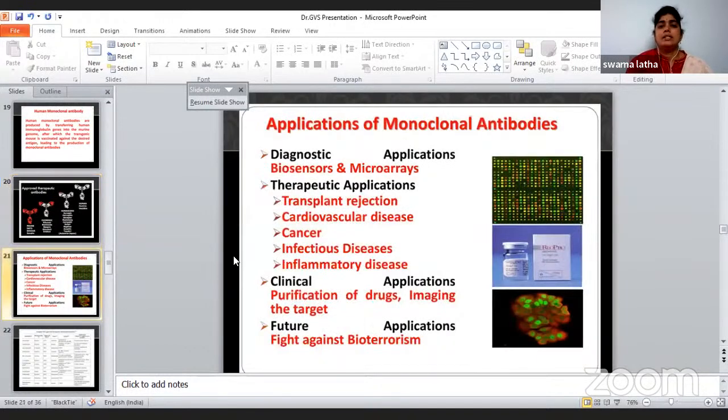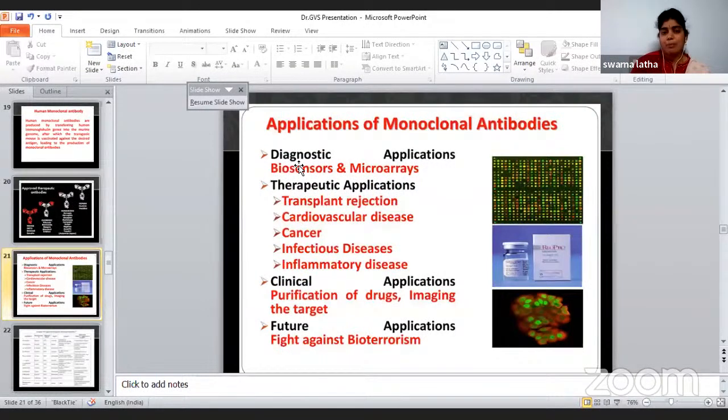Okay. So this is all about monoclonal antibodies, how the research has progressed and what the genetic engineering variations are, everything. Now we'll move to the final section, the applications of monoclonal antibodies. So now we have seen different types of monoclonal antibodies from basic to today. Monoclonal antibodies are used in different fields.